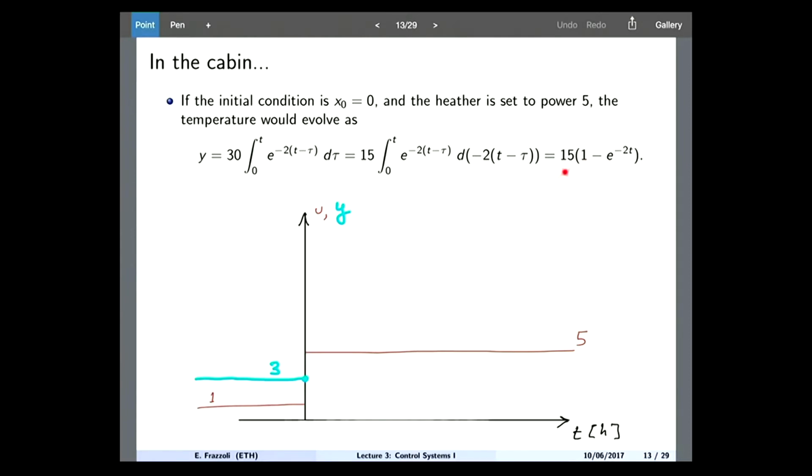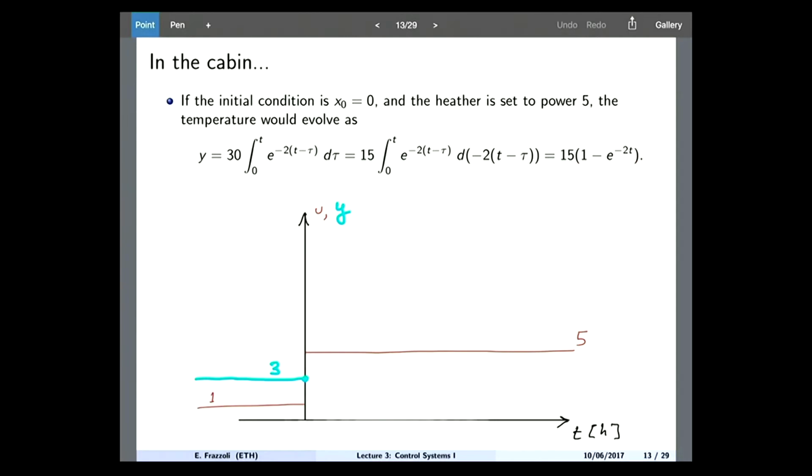So what does this function look like? When t is equal to 0, what is the value of this function? When t is equal to 0, e to the power minus 2t is what? Is 1, right? So 1 minus 1 is 0, right?